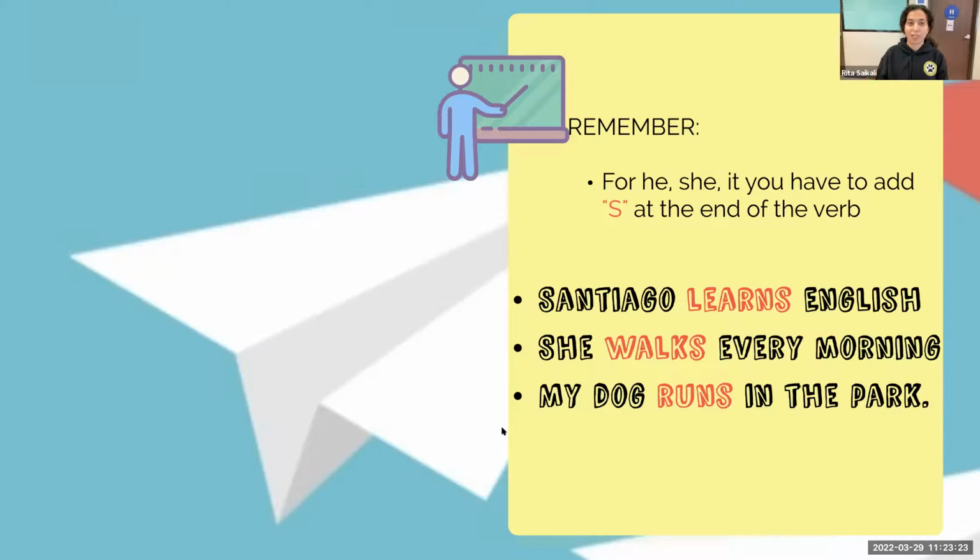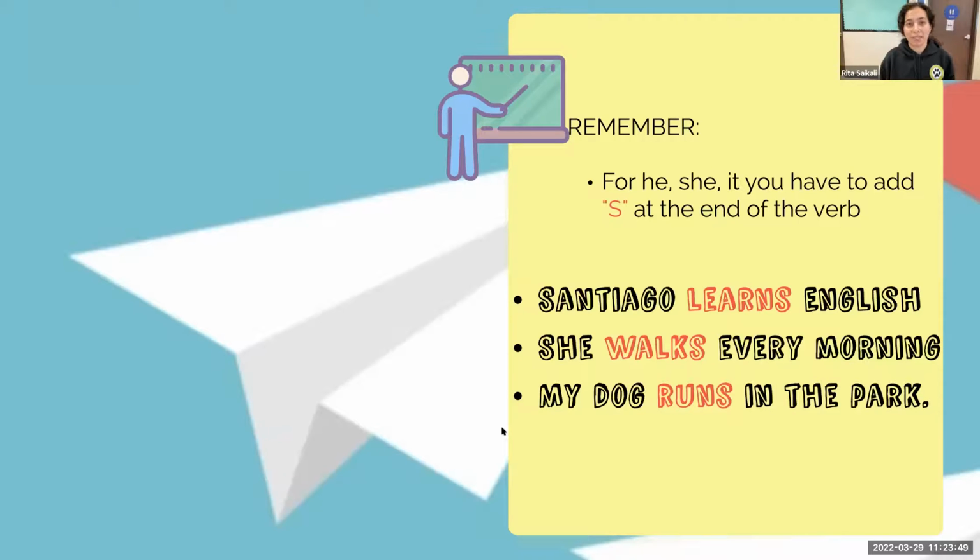No to -ing, because -ing is not part of simple present. -ing has a different use. This information, my dog runs in the park, is general information. We don't know when it happens. We just know that it happens. We don't care what time it happens, or if it's happening right now. We just want to know the information. My dog runs in the park.